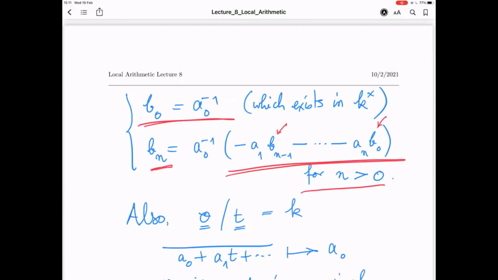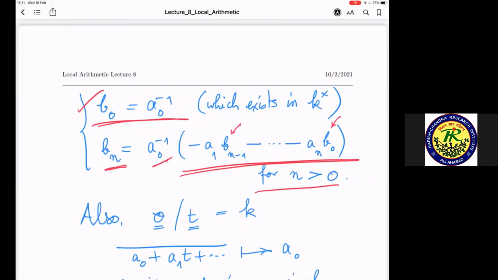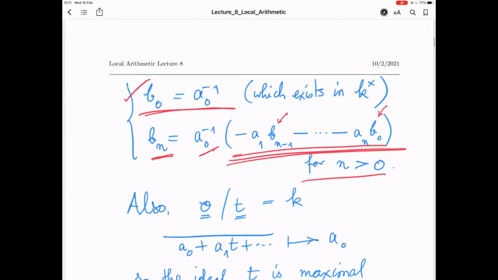But the lower B's have already been computed. In other words, I'm giving a recursive definition of the B's. You start with B_0 equal to A_0 inverse. Then B_1 is going to be A_0 inverse times whatever. You take n equal to 1 here, right? So, yes?